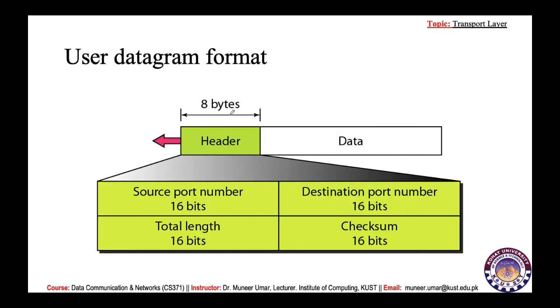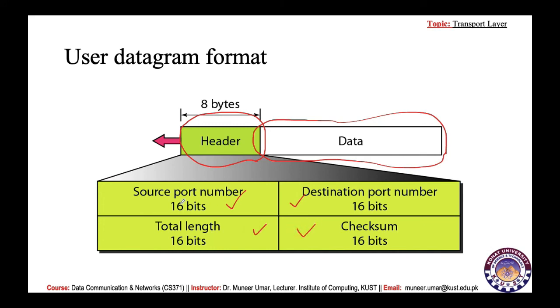This is the format of the UDP datagram. First, data is received from the upper layer, the session layer, and then a header is added at the transport layer. So if we are using UDP, then this header must include these four components.